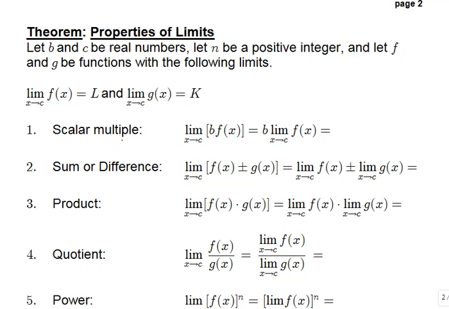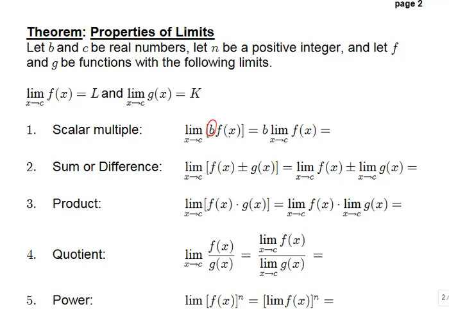Then our first property of limits deals with what we call a scalar multiple. A scalar just means a constant, a real number. And that's what this b is right here. That's called your scalar, and we're multiplying it by our function f of x.